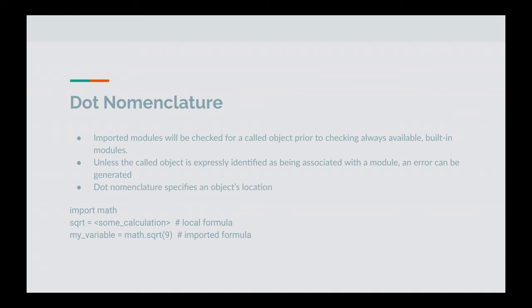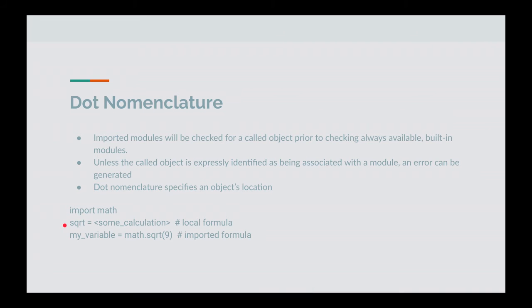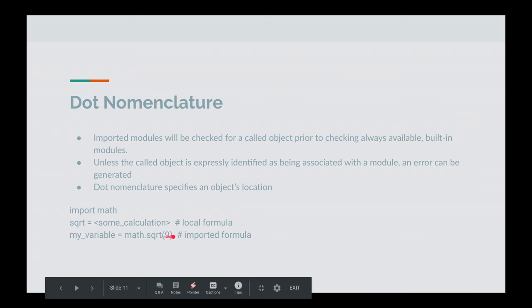So in the example down at the bottom, you see that we have import math, and we've defined locally a square root calculation for determining square roots, but you can also take the math.sqrt from the import.